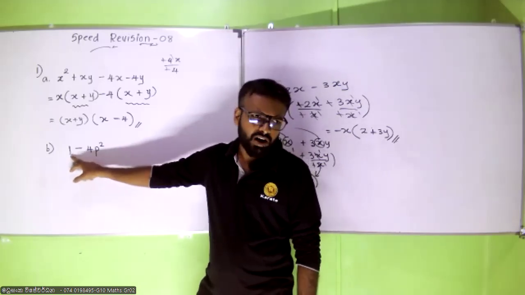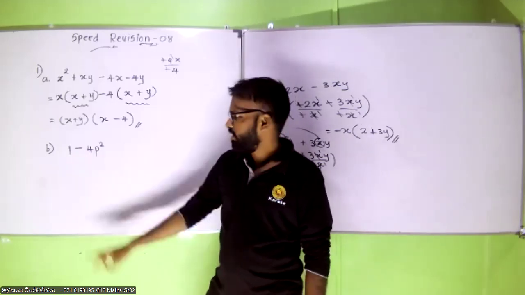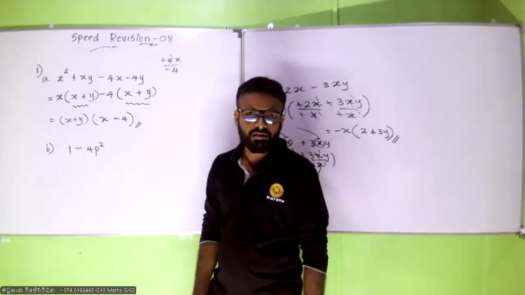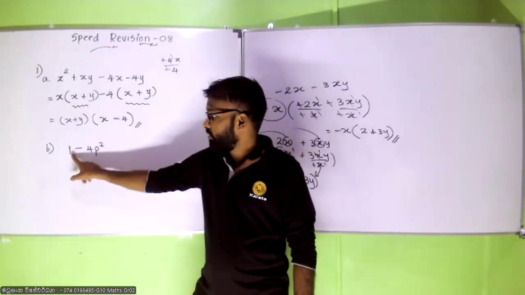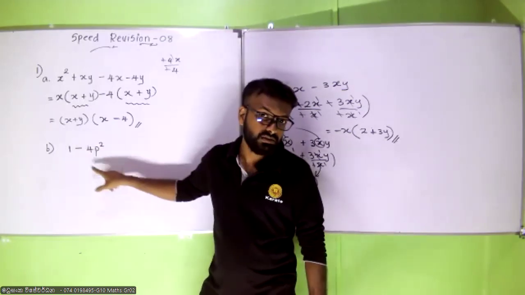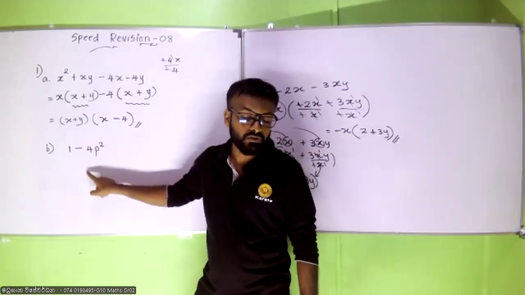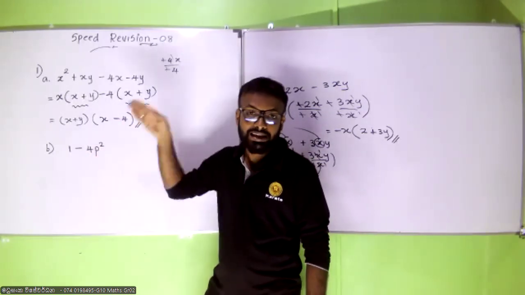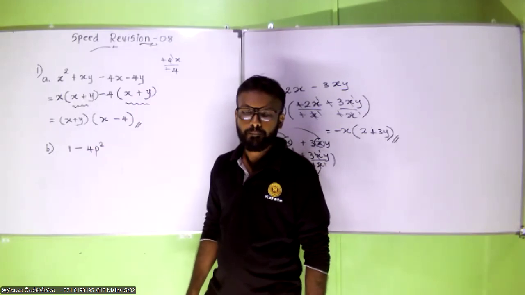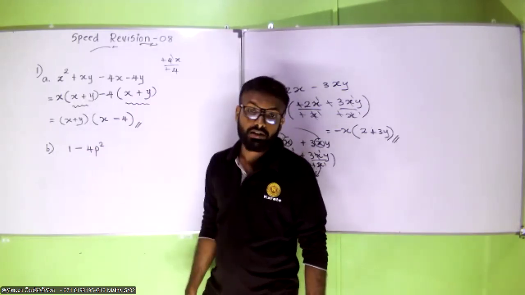How can you write 1 as a square? How can you write 4 as a square term? So that you can see the difference of two squares. That is how we are going to write this as the product of two factors.